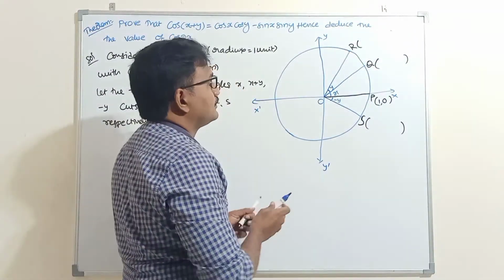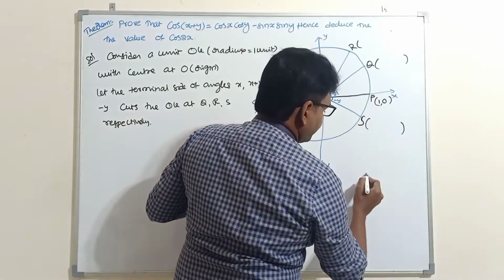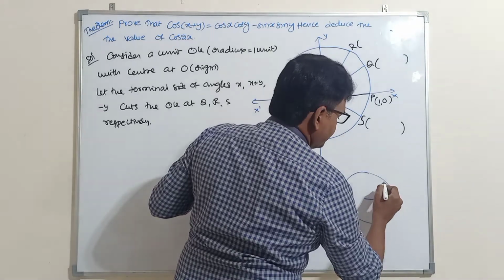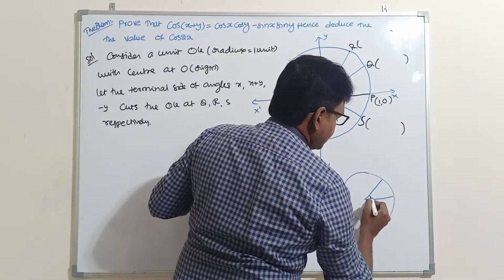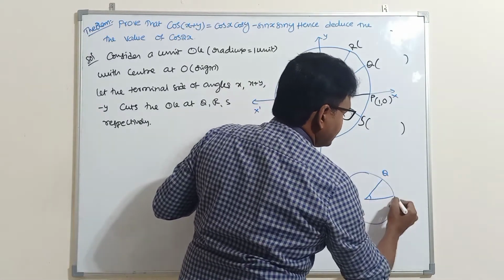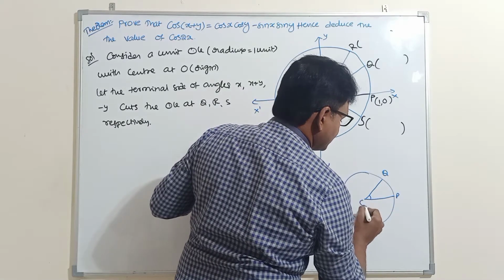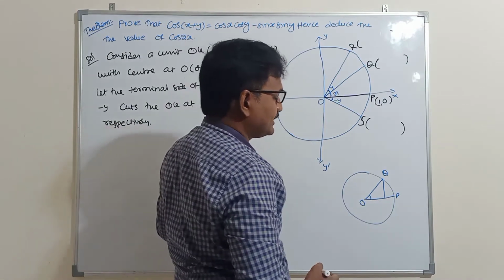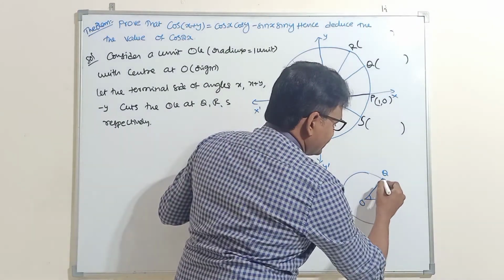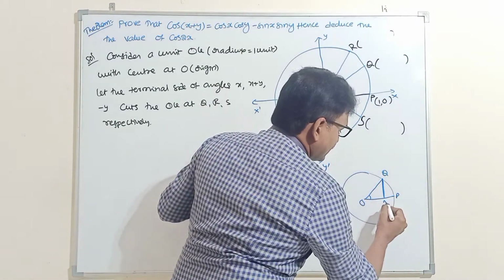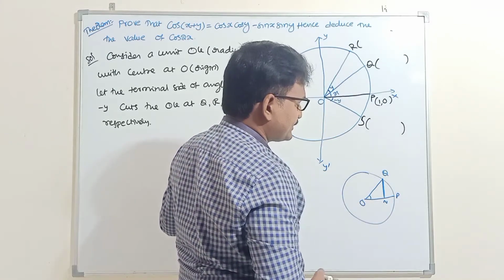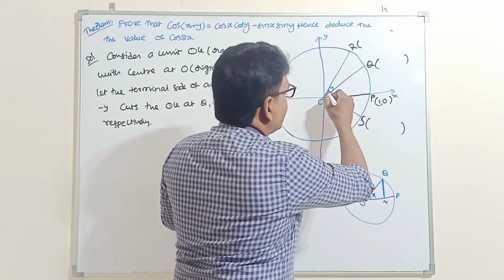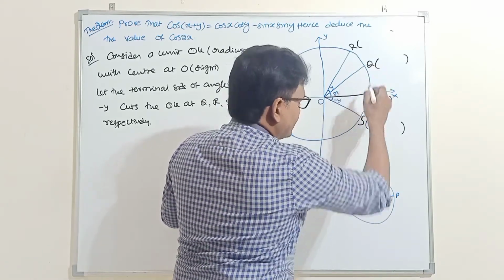Then what about point Q? So if you observe, point Q is here and this is point P and this is point O. If you draw a perpendicular line to OP, then the perpendicular meets OP at N. Now this is angle x.